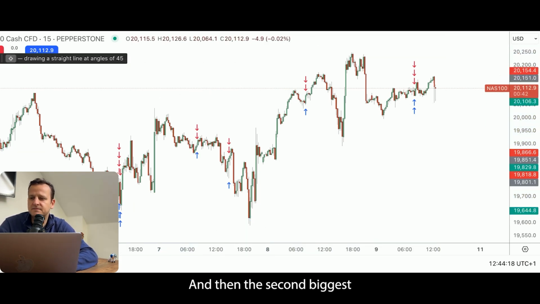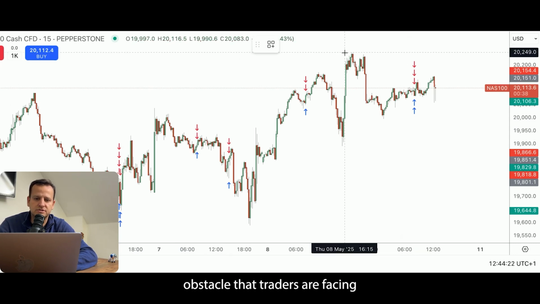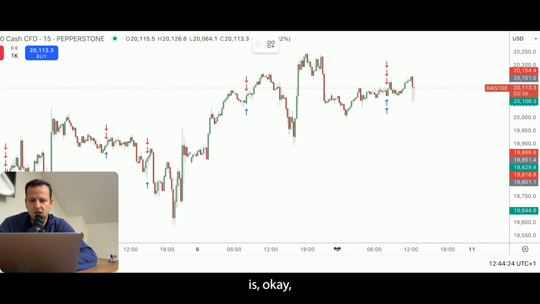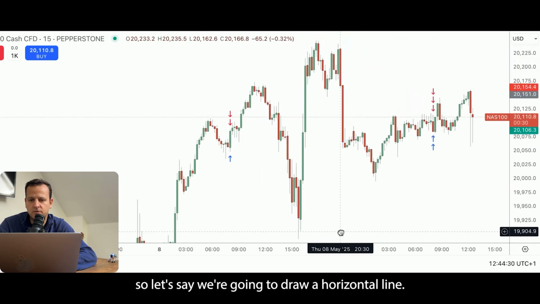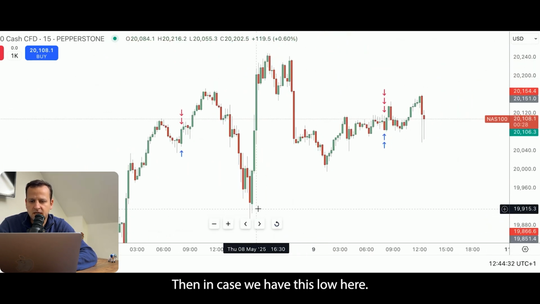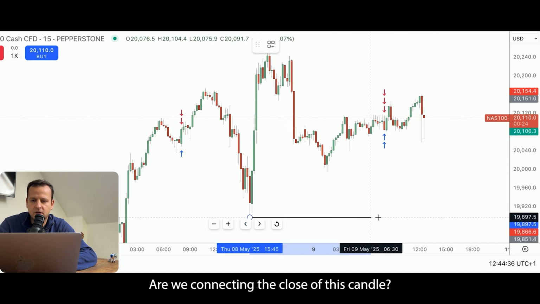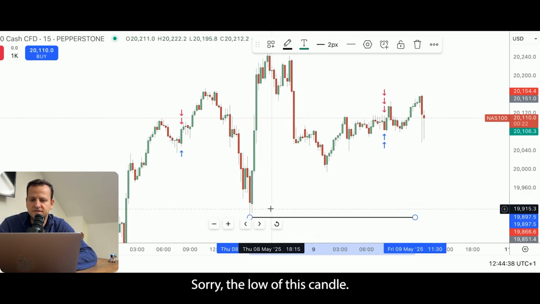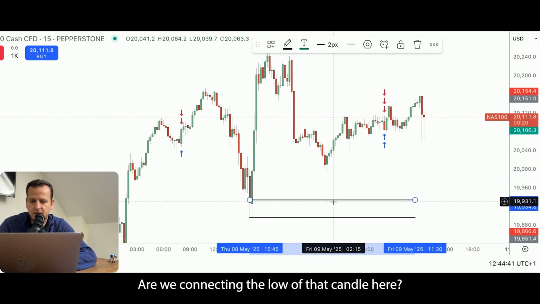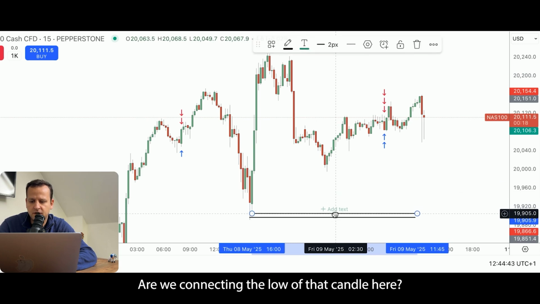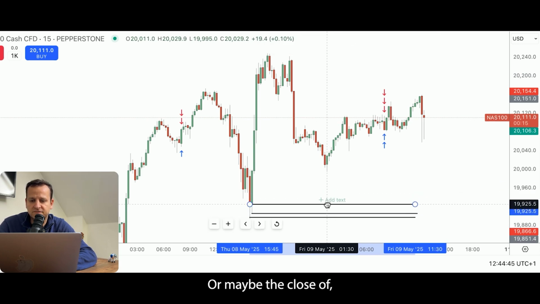And then the second biggest dilemma or obstacle that traders are facing is, okay, let's say we're going to draw a horizontal line. Then in case we have this low here, what are we doing? Are we connecting the low of this candle? Are we connecting the low of that candle here? Or maybe the close or the open of the green one?